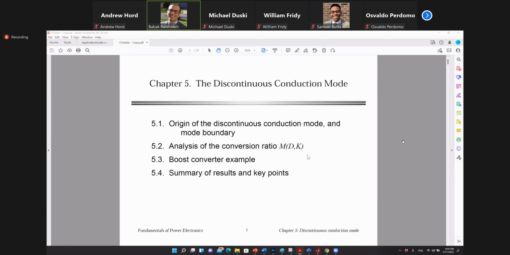So I hope in the lab you could see some of the transient responses. Hopefully that clarified some of the doubts you had. Always, calculation of these switching losses is not very straightforward.